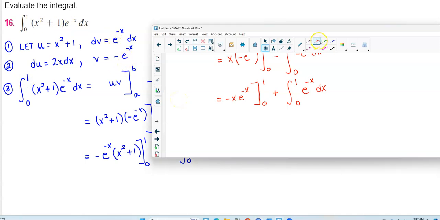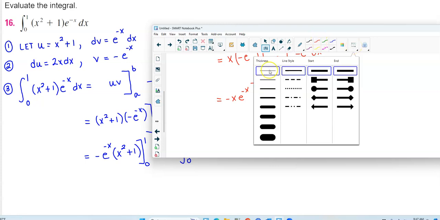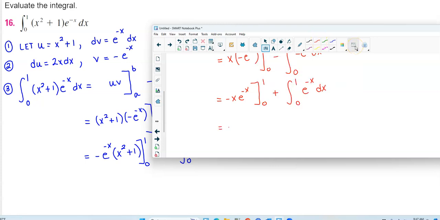So this becomes negative x e to the negative x going from 0 to 1. And the antiderivative of e to the negative x is going to be minus e to the negative x. And we're evaluating that from 0 to 1.